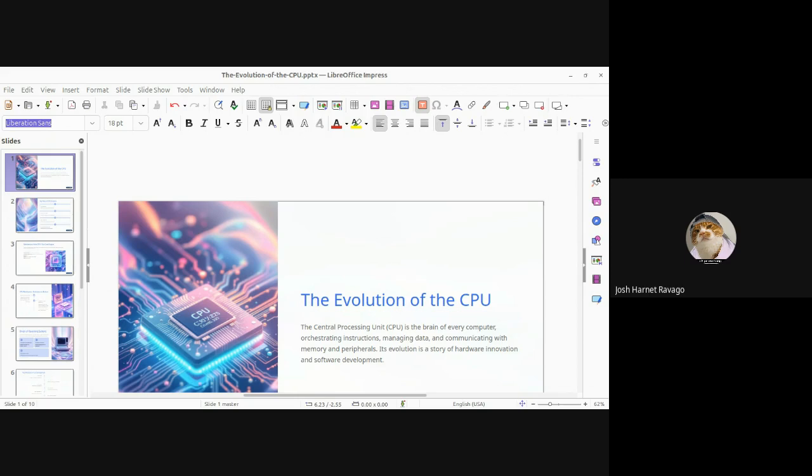Conclusion: the symphony of innovation. The evolution of CPUs is a testament to continuous innovation across hardware and software, leading to today's powerful computing capabilities.